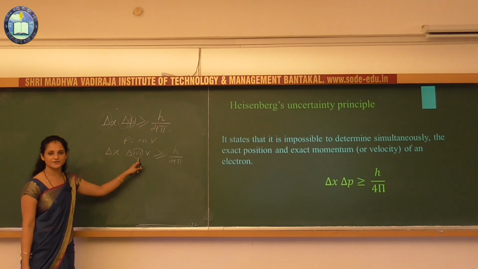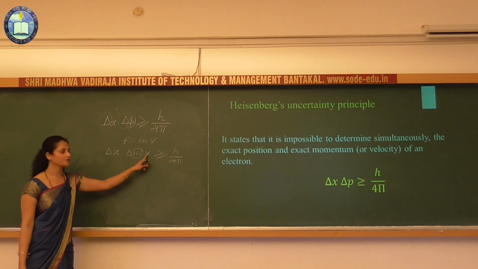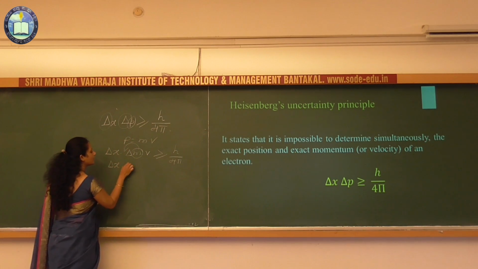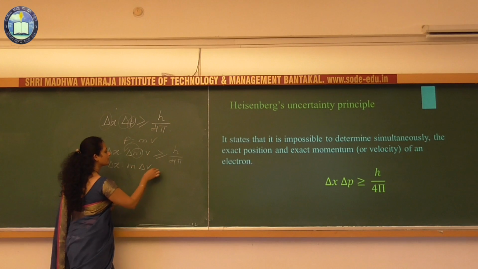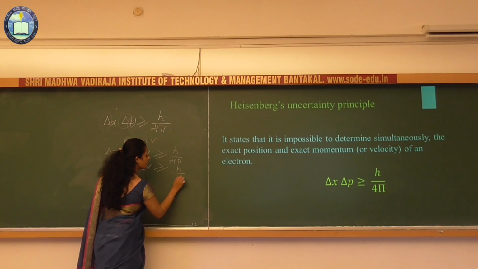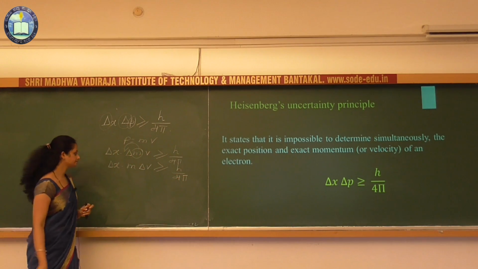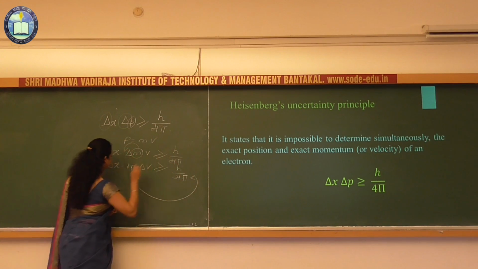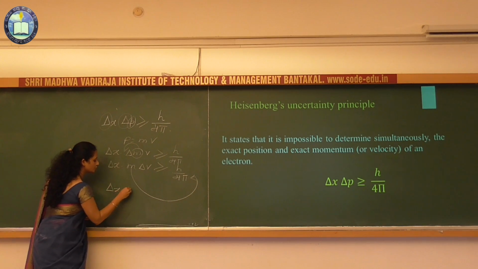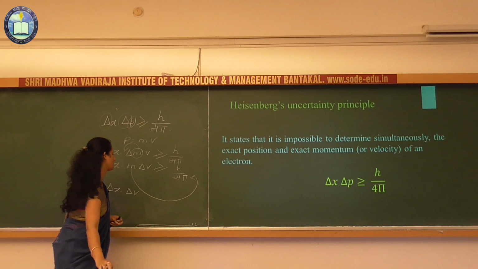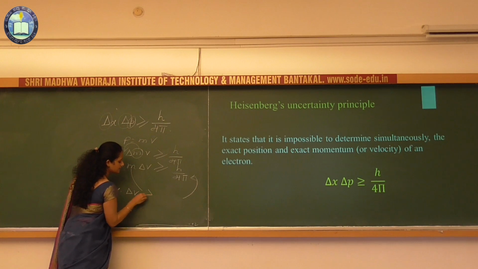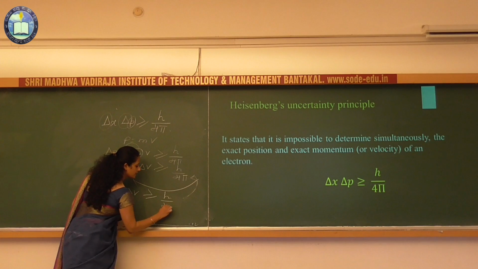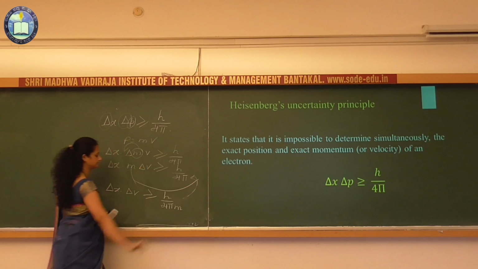It is not changing, but the velocity will change. So the mass is constant. That's why we take mass out: delta x into m into delta v is greater than or equal to h by 4 pi. Or take this mass term here, delta x into delta v is greater than or equal to h by 4 pi m.